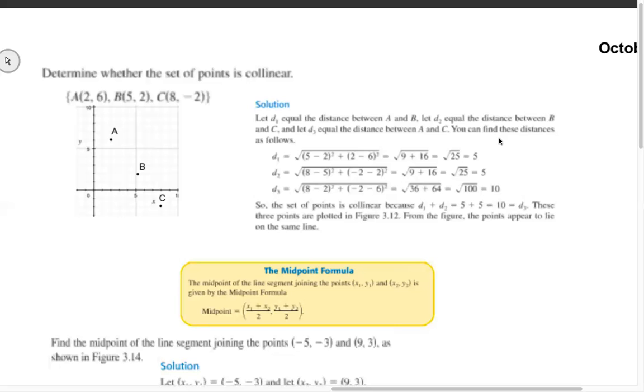And when they found that distance, okay, which they got 5, 5, and 10, they said, so the set of points is collinear because D1 plus D2 equals 5 plus 5, which equals 10. All right, and they said, these 3 points are placed in the figure, so they graphed it. And they said, well, they appear to be in the same line, and the distances between A and B and B and C equal the distance between A and C, so therefore they must be.